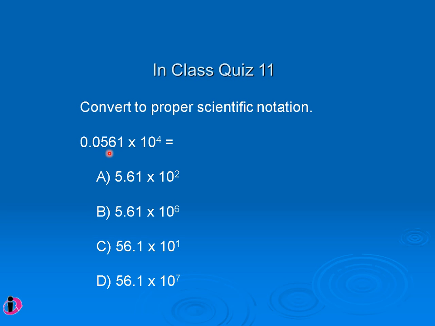This is 5.61 times 10 to the 4. If you move it 2 positions to the right, the number is getting increased. So the power will be subtracted by 2. So the power will be 4 minus 2 is 2. So the right answer is A.